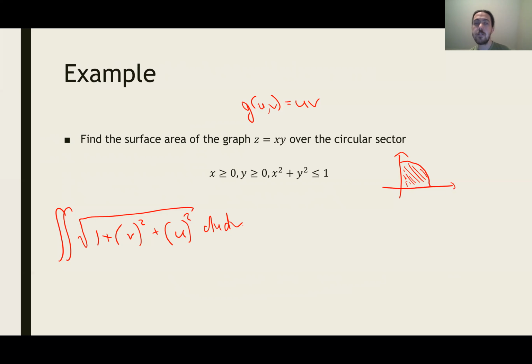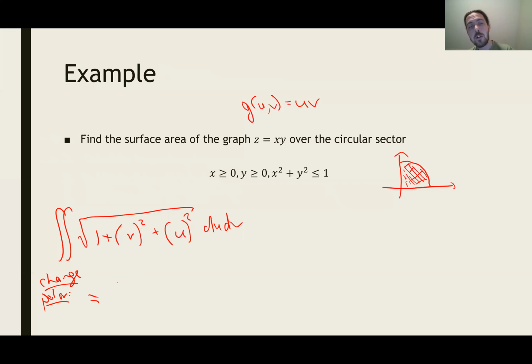And in this case, it's handy to switch to polar coordinates from u and v coordinates because our region is nicely described in terms of polar coordinates. And the thing we're integrating involves a u squared plus v squared. That's just going to turn into r squared. So let's do a change of variables to polar coordinates.